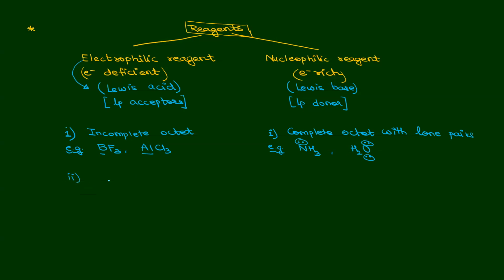Secondly, as I said, the garib species are the cations. So all the cations you will come across will be electrophiles and all the anions which you will come across would be nucleophiles. So cations have many examples. We can have the examples of methyl cation.